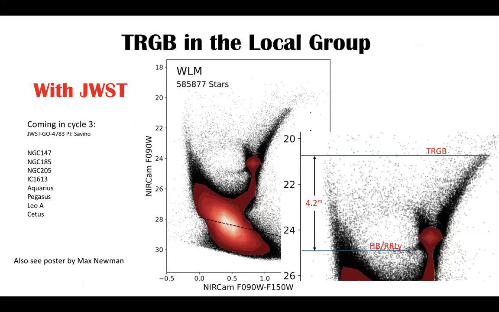And with James Webb already, there are observations being made of all of these cases I'm showing on the left. These are all Local Group galaxies. And so come back in another year or so, and we're going to have color magnitude diagrams of equivalent quality, as you see here for WLM.